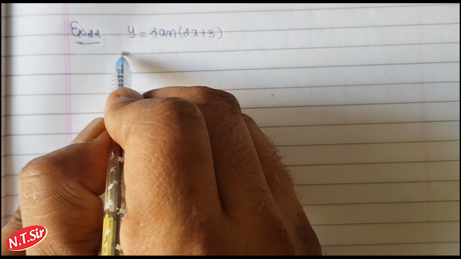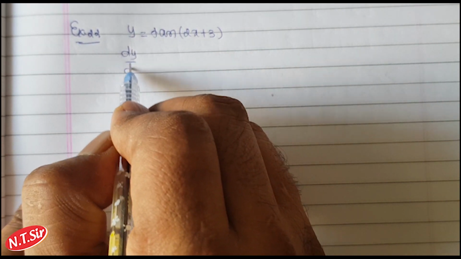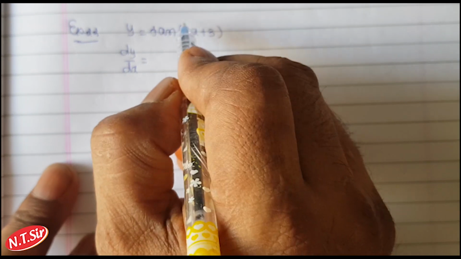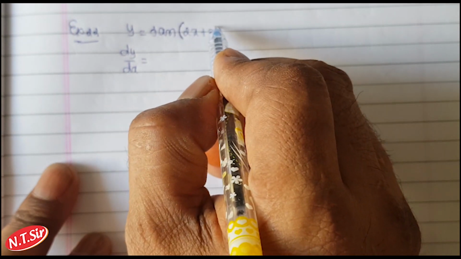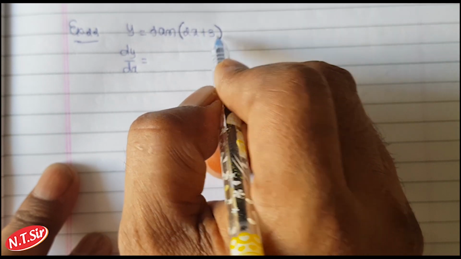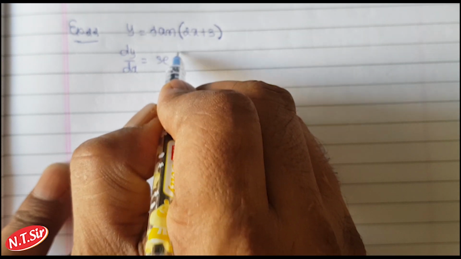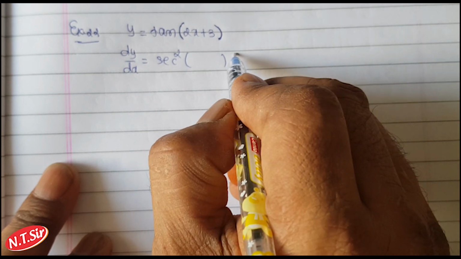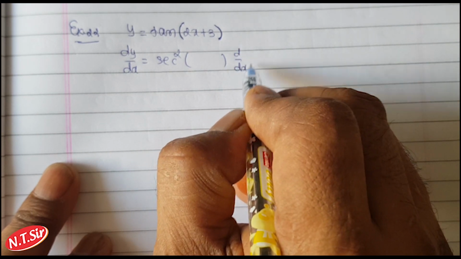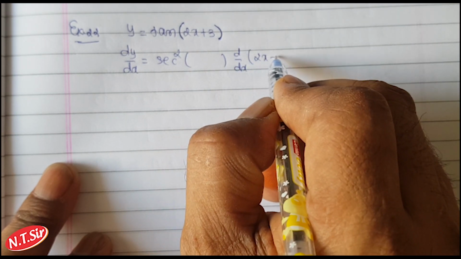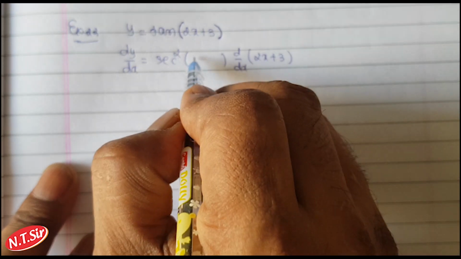So the derivative of this is dy by dx is equal to 10 ब्रैकेट में क्या है twice x plus 3, और डेरिवेटिव ऑफ 10x इज sec square ब्रैकेट and d dx of bracket again, that is twice x plus 3.